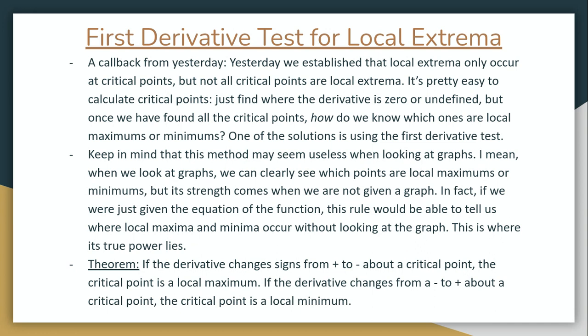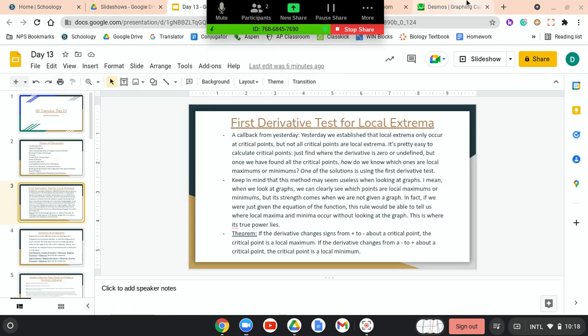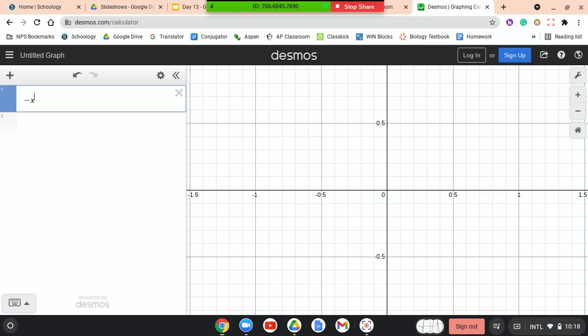Keep in mind, this method may seem useless when looking at graphs. When we look at graphs, we can clearly see which points are maximums or minimums. Because if I'm looking at x cubed and I ask you whether this is a maximum or a minimum, without any calculus knowledge, you could tell me this is neither. So the strength of this theorem does not come from graphs, because if we look at graphs, we can easily determine where the maximum or minimum is.